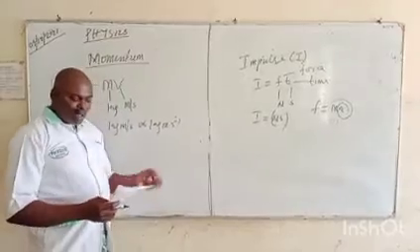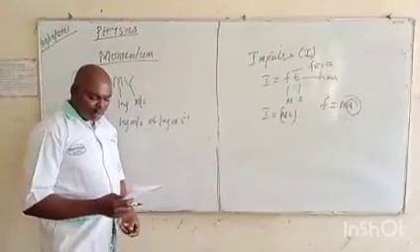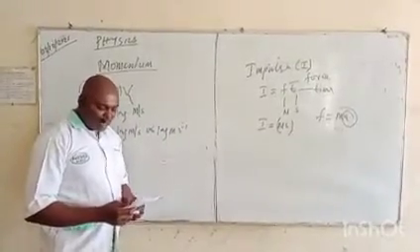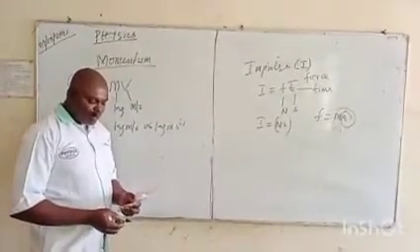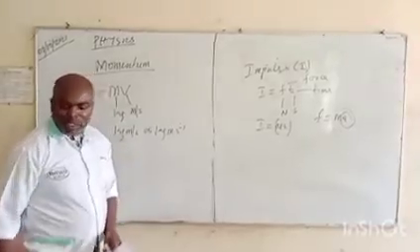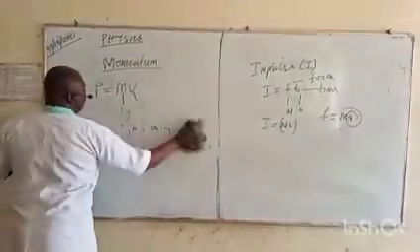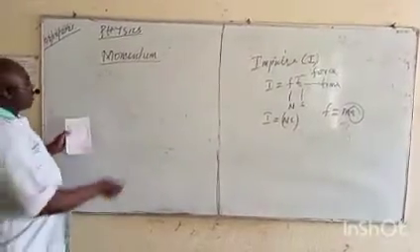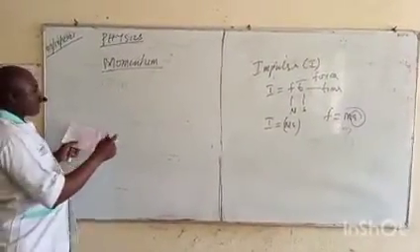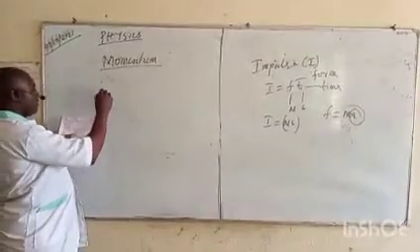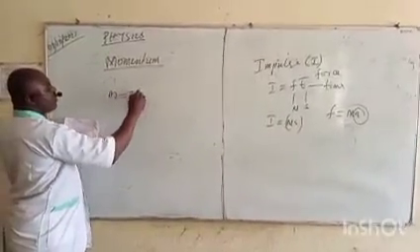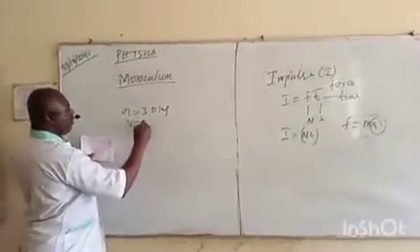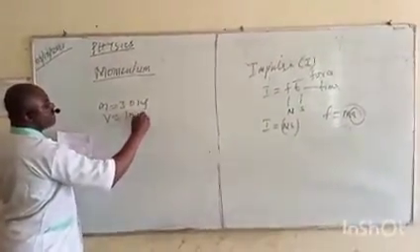If we say a body of mass 3.0 kg moving with a velocity of 10 meters per second, calculate the momentum of the body. It implies that, first of all, to solve any question, you need to itemize the variables. They gave us a mass of 3.0 kg and a velocity of 10 meters per second.